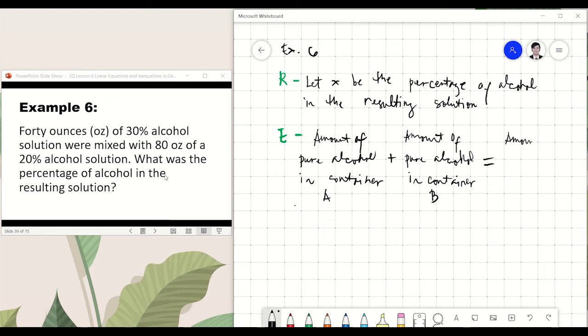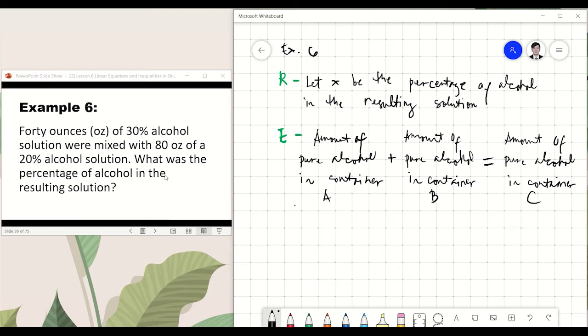So this is the amount of pure alcohol in container C. Take note, we're talking about alcohol here, the percentage of alcohol in each solution. That's why this is what we say in our equation.